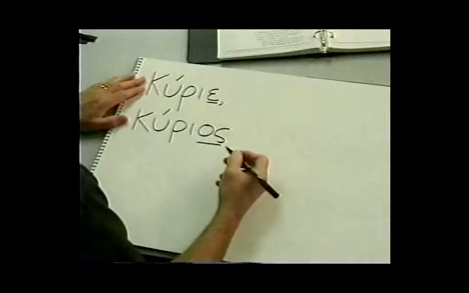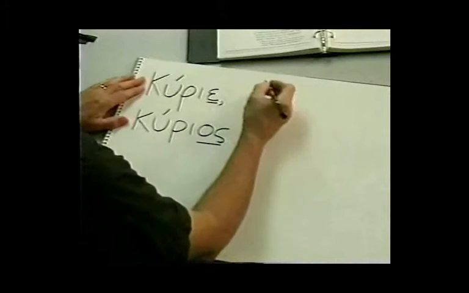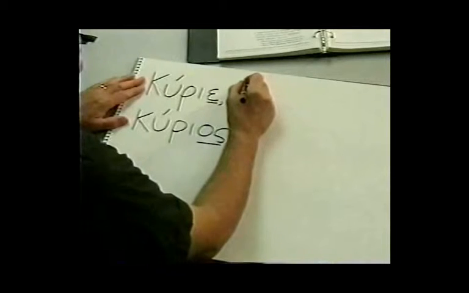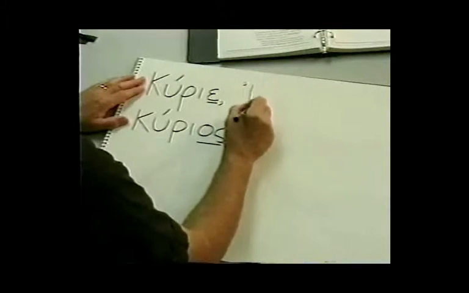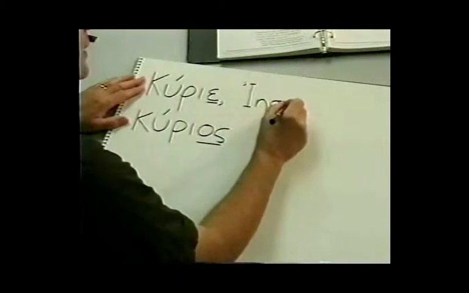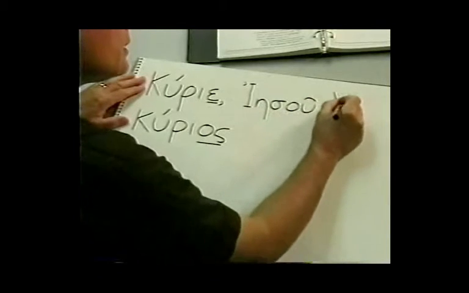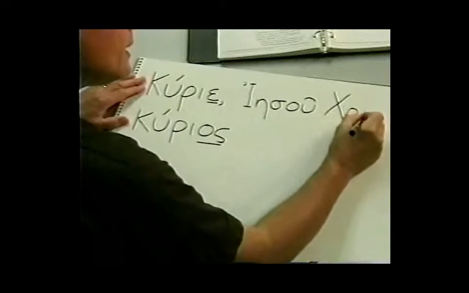Then I'm going to further name the Lord by calling him Jesus Christ, still calling out to him. So we'll put the words Jesus in Greek, and I'm going to write them in a particular case, and I'll show you why.